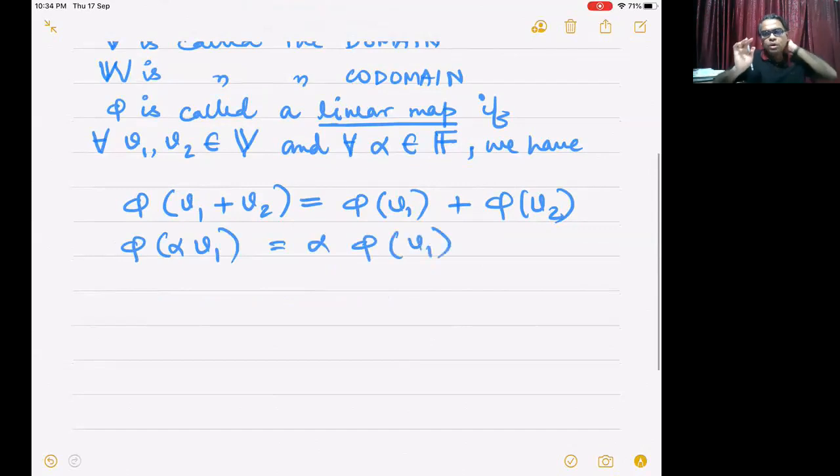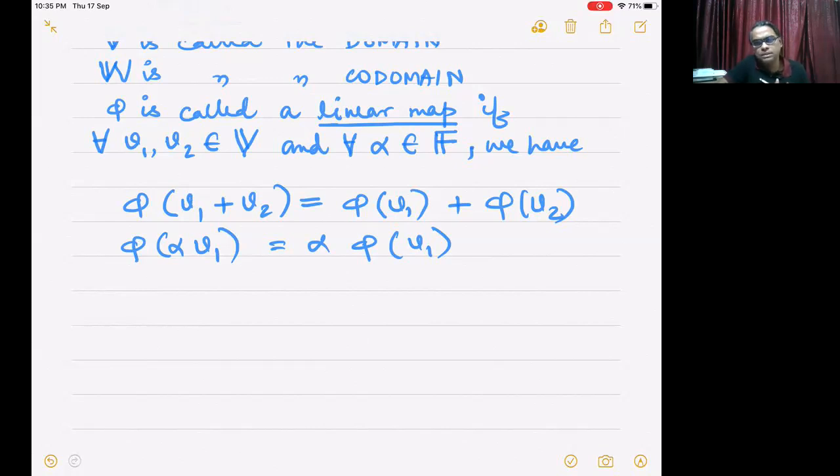These are the two defining properties of a vector space, namely closed under vector addition and closed under scalar multiplication. The characteristic property of linear maps is that they respect vector addition and scalar multiplication, in the sense that whether you do vector addition first and then apply the map, or you apply the map first and then do the vector addition, it doesn't matter.